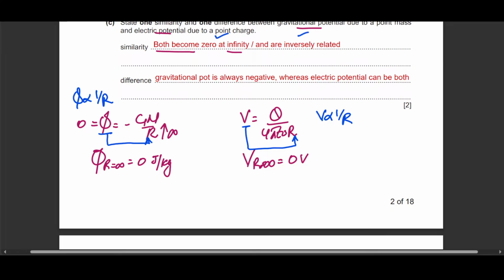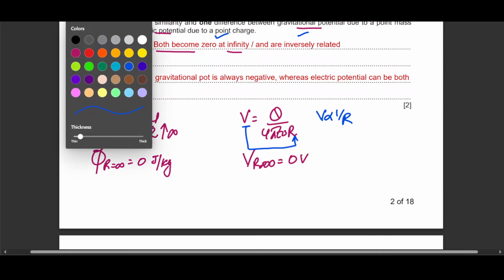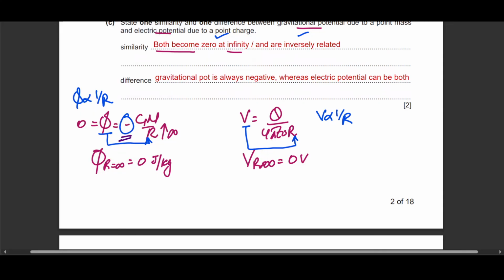The difference is gravitational potential is always negative. Since it is always negative, the negative has become a part of the formula itself. But electric potential can be positive or negative depending upon which charge you are talking about. Primarily, if you're talking about a positive charge and you're also bringing in a test positive charge close to this, the potential energy would become positive because both charges are positive, right?